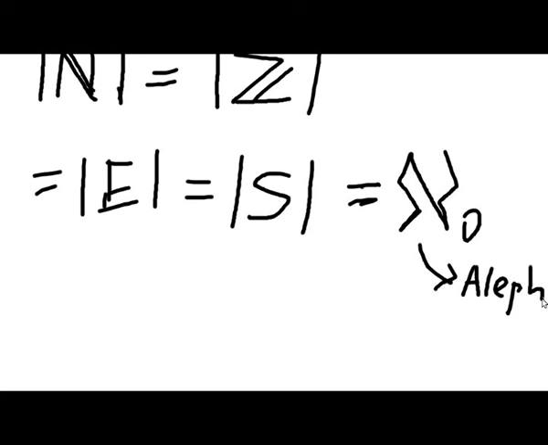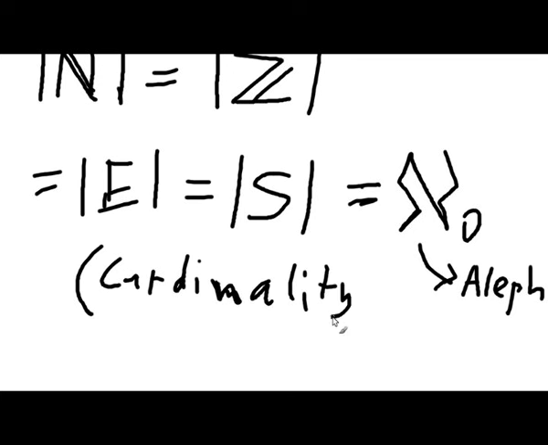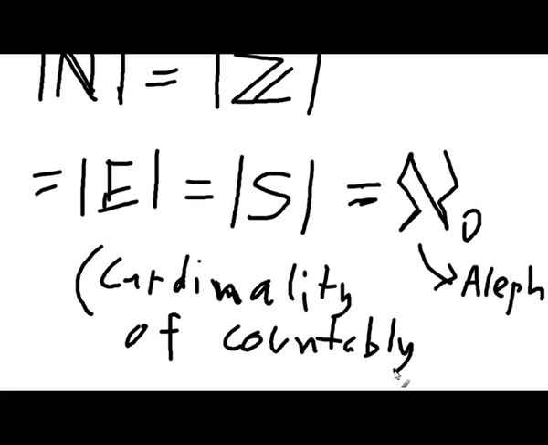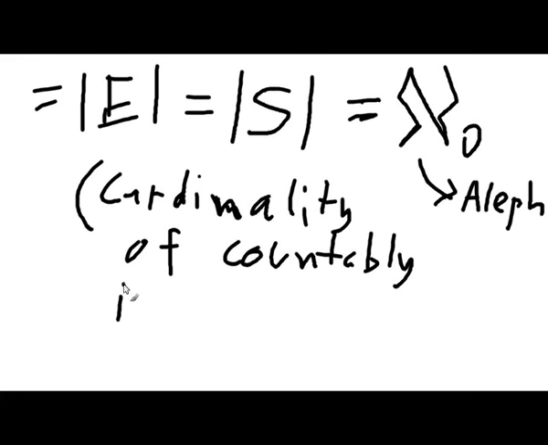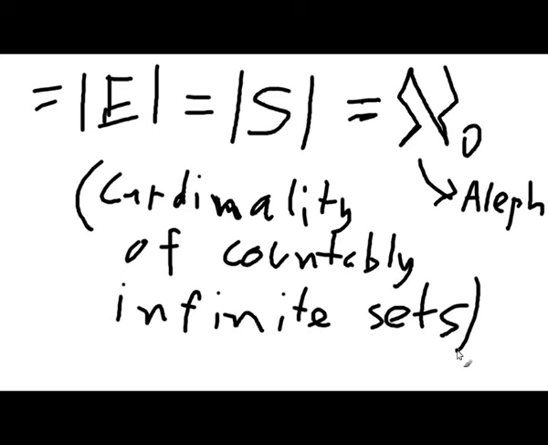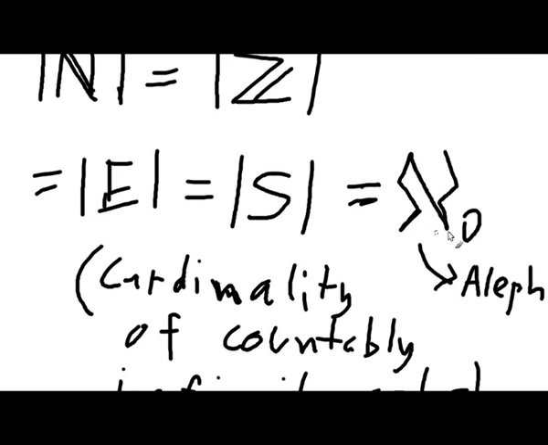And this is called the cardinality of countably infinite sets. So that is aleph naught.